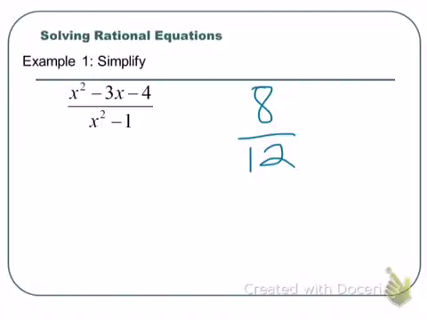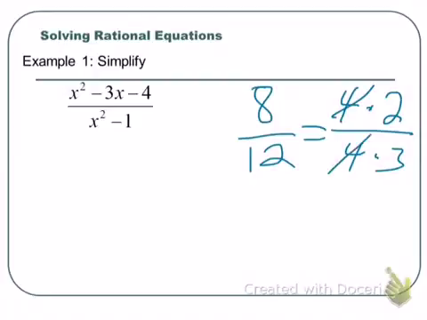Well, that's the way we've ended up doing it. We're taking out a factor of 4 from each one. So we can write 8 as 4 times 2, and we can write 12 as 4 times 3. And once we have the number in that factored form, what is 4 divided by 4? Those cancel each other out, and we're left with 2/3.